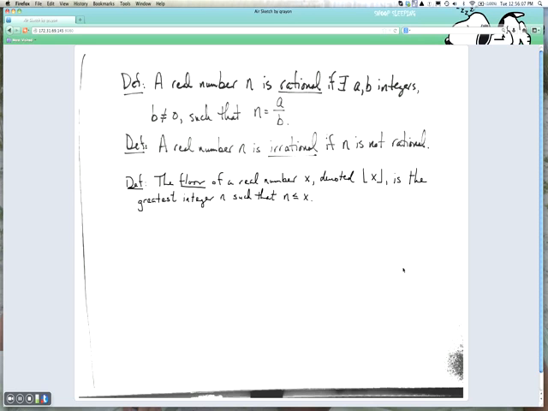Okay? And so, just an example, the floor of 2.5, for example, is 2. Because that's the biggest integer I can find that is less than or equal to 2.5. Okay?